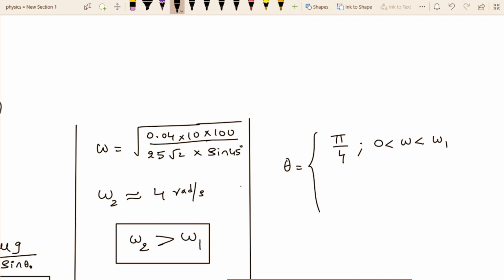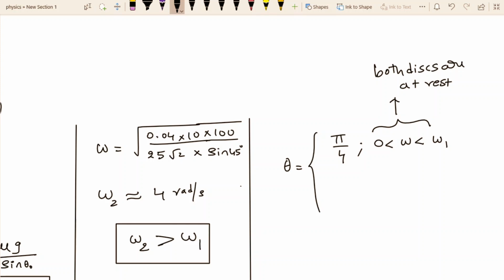So when the angular velocity of the platform gradually increases from 0, and if its value lies between 0 and omega 1, then the angle between the AP and BP is pi by 4, because in this situation both disks are at rest. That's why the angle between AP and BP is pi by 4.